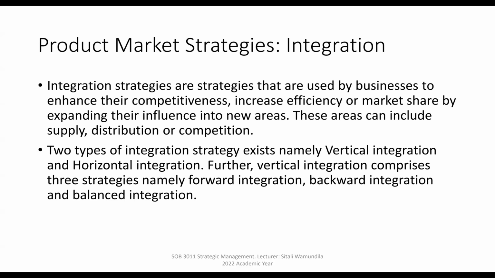Now, two types of integration strategies do exist. The first one is called vertical integration, and the second one is called horizontal integration. What is there under vertical integration? Listen carefully. Vertical integration comprises three strategies.